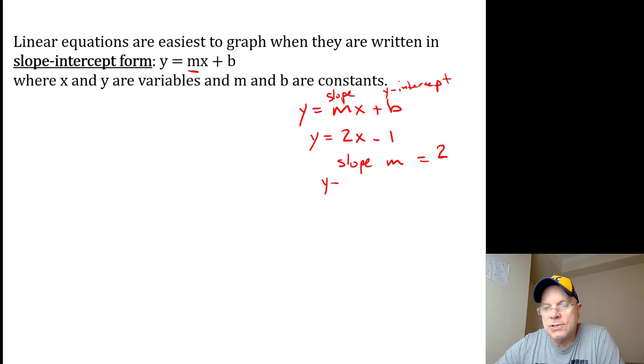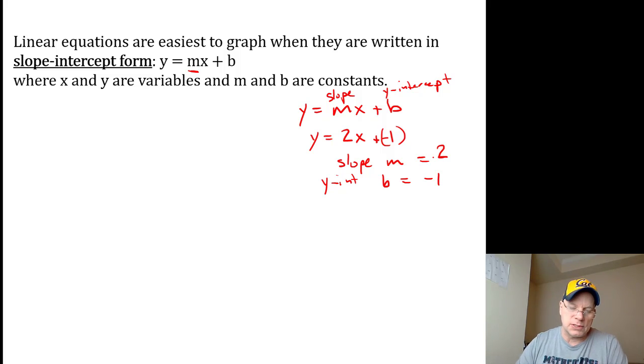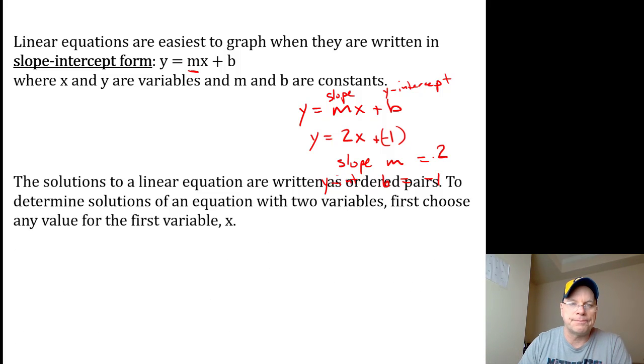The y-intercept, b, is negative 1, because we don't have plus something here. We have minus 1. But remember, subtracting is the same as adding the opposite. And so b would be negative 1. This would just mean that the line intersects the y-axis at negative 1, and the slope is 2. I'm getting ahead of myself. We'll get to that in due time.